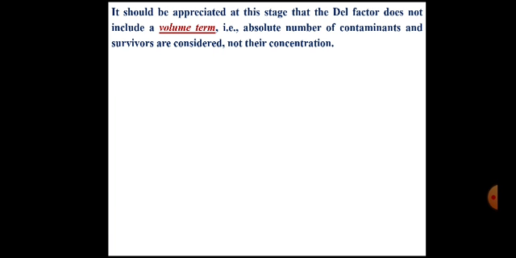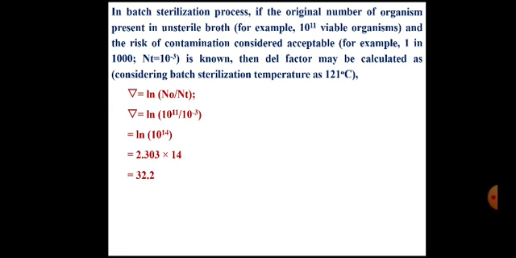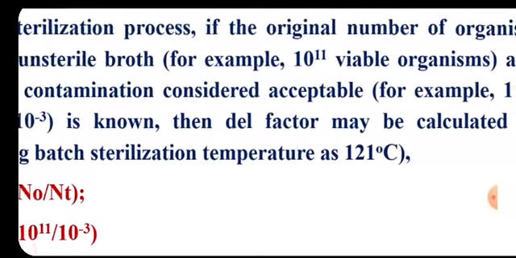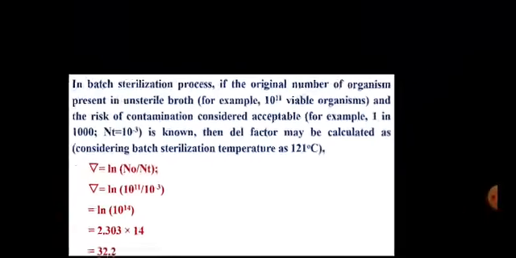Now see, it should be noted that in this particular example, this calculation does not include a volume term. If you see it carefully in the previous slide, you can see that there is no volume term. Only the absolute number is given. That is, the target is to kill 10 raised to 11 cells.